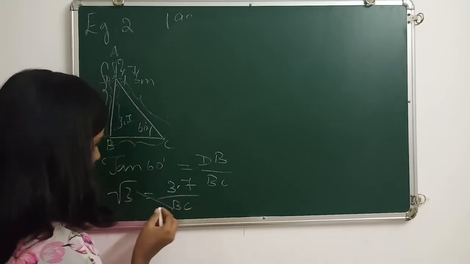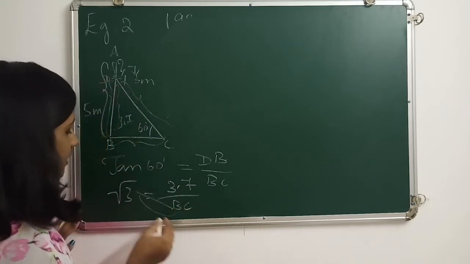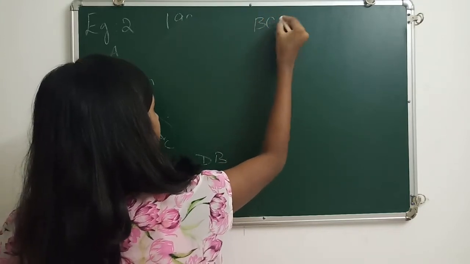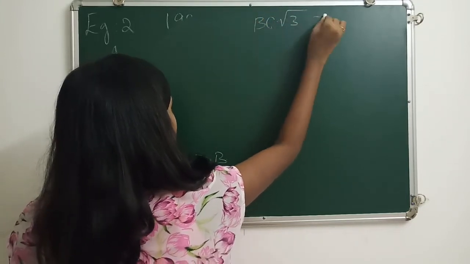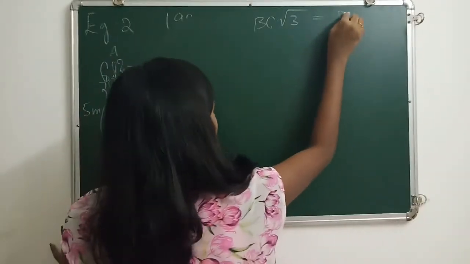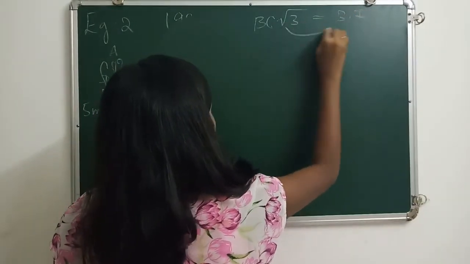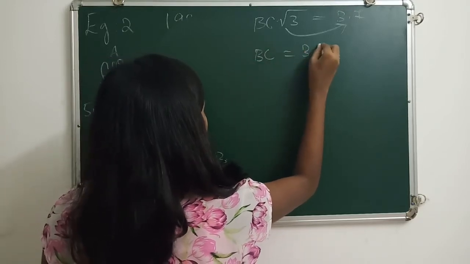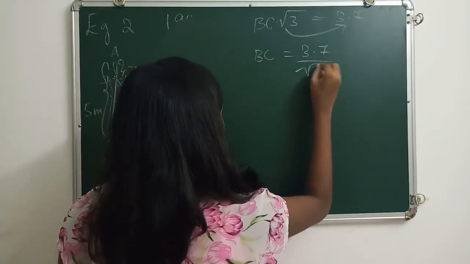Now if we bring this BC here, we get BC root 3 to be equal to 3.7, and we can bring it here. So BC is equal to 3.7 by root 3.